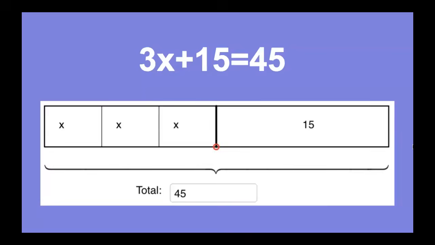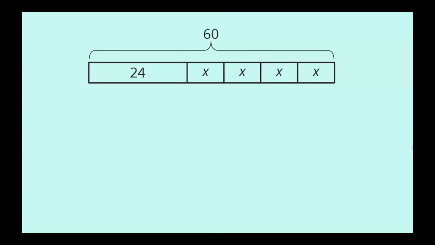All right. How about if I give you a tape diagram and ask you to write an equation? I want to talk about a few ways that you might do this. So one thing you could originally do is just notice that altogether these components add up to 60. So you might just write 24 plus x plus x plus x plus x equals 60.